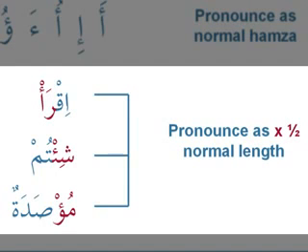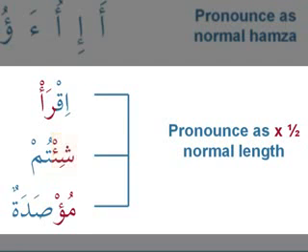Okay, so we'll just go through these examples. So the first one is we've got Iqra. Okay, so you literally shorten the Ra, which would normally be one long, cut it down to about half the length. So it'd be Iqra instead of Iqra. Okay, so we shorten it. The second one is Shi'tum. So you just cut, instead of Shi'tum, you say Shi'tum.